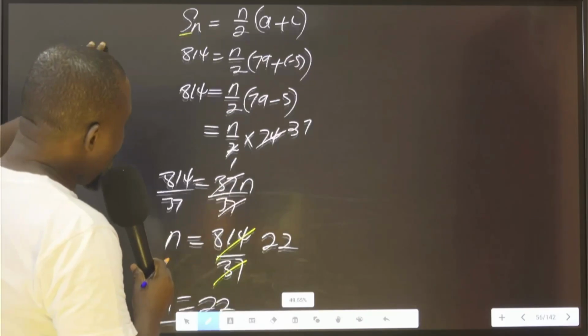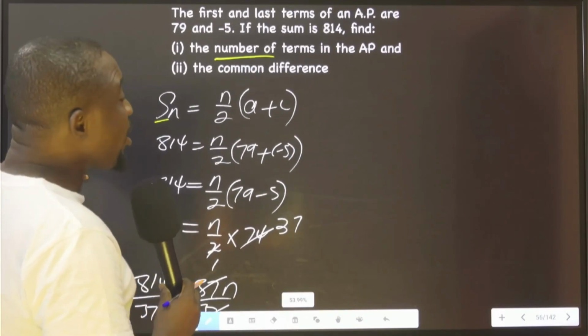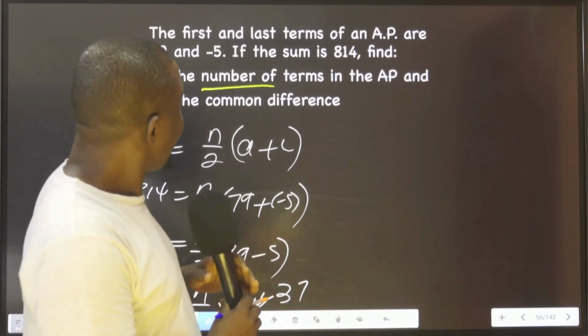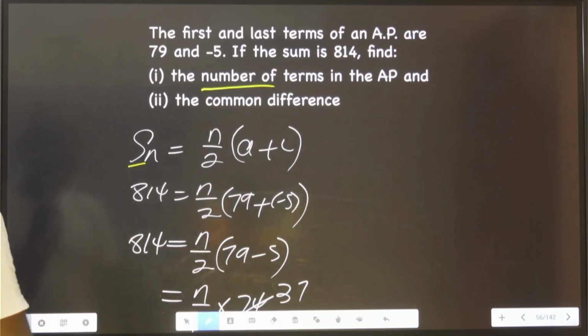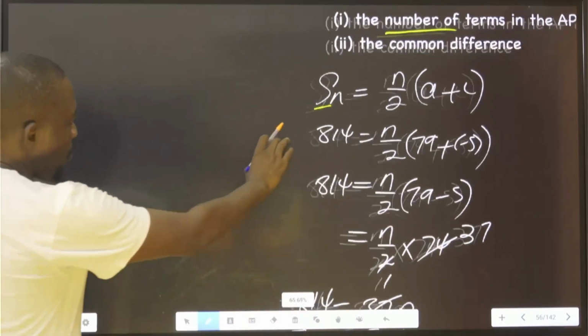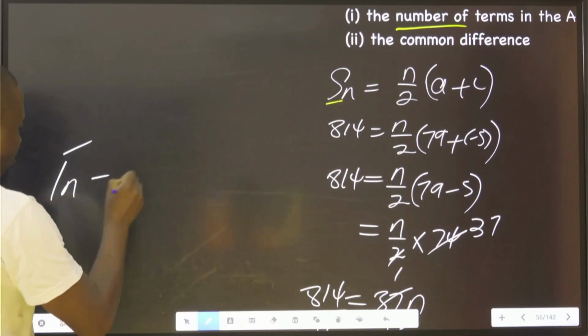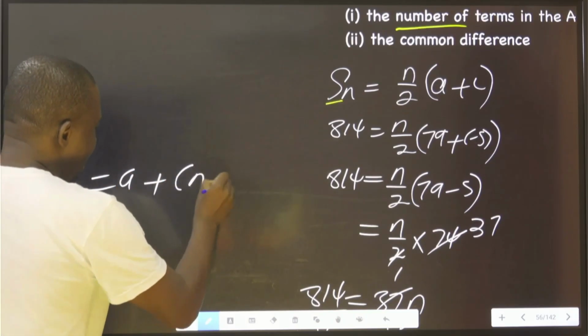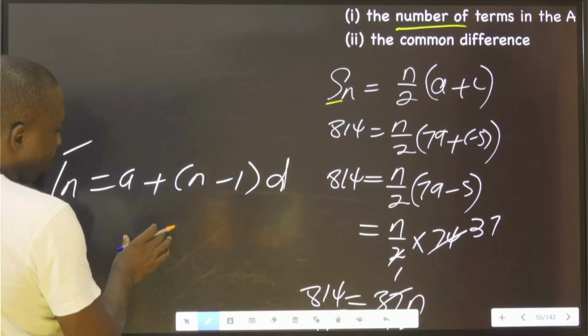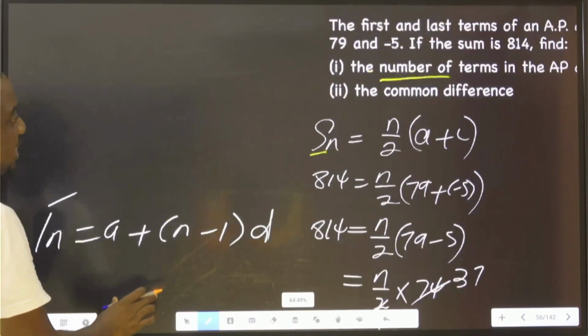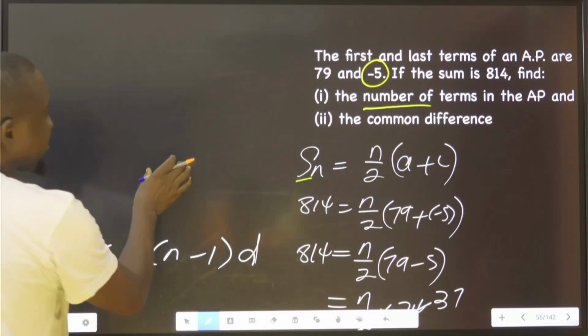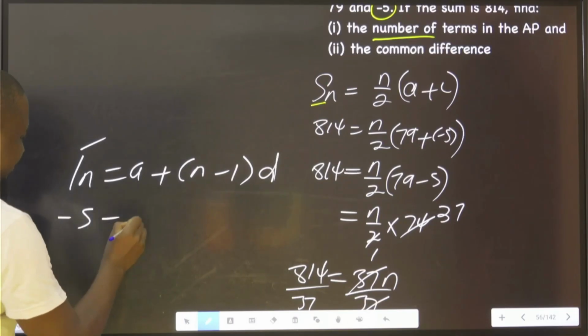What about the common difference? We can find the common difference from where? From any of this, because now we can come here to say this equals to a plus (n minus 1)d. Okay? What is the last term? It was given to us minus 5.